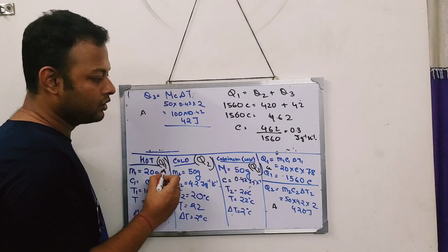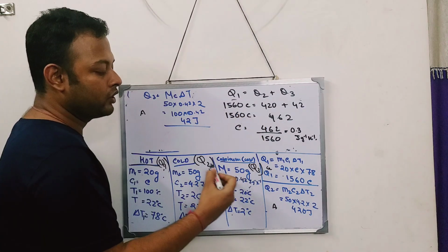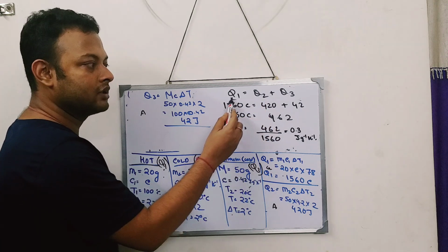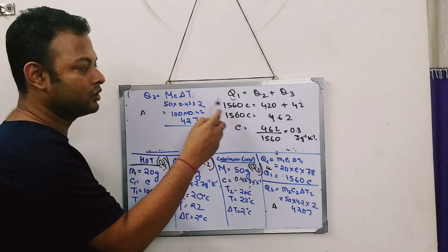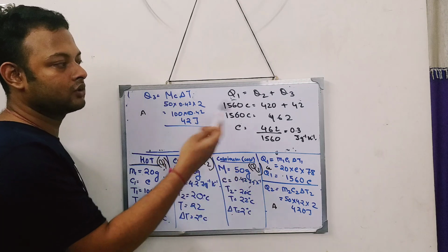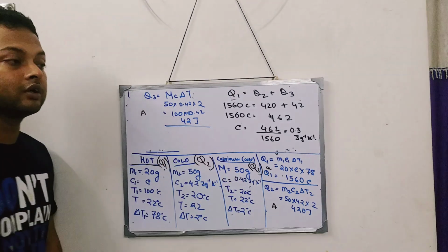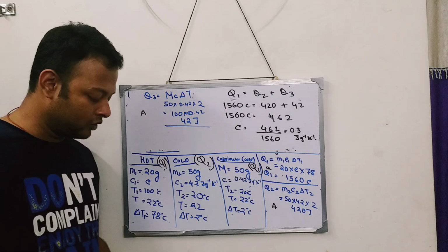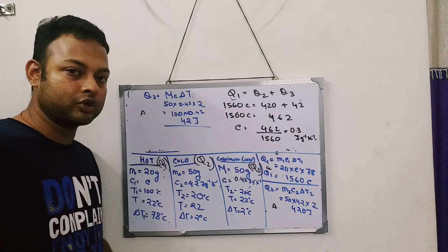And Q1 is equal to Q2 plus Q3: heat given is equal to heat absorbed. Then you just substitute, get Q1, Q2, Q3, solve it, and you will get the answer for C. So I hope this was all the numericals that we are supposed to do today.